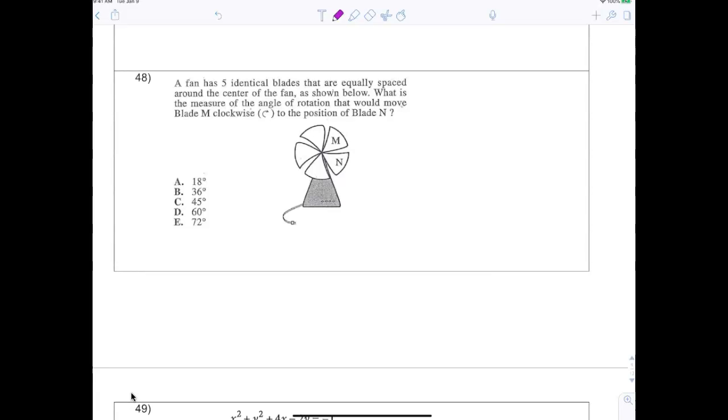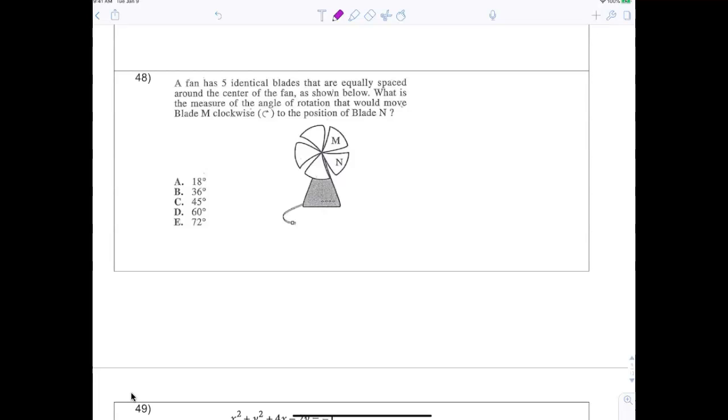They're evenly spaced. Do you agree? So that means each angle would be how many degrees? 72 degrees. Right, 360 divided by 5.